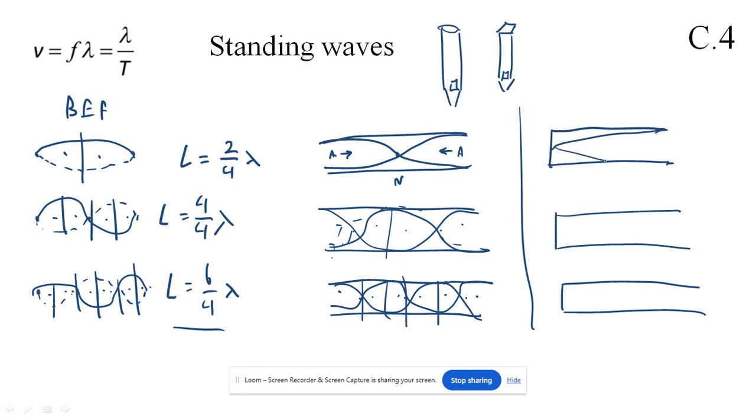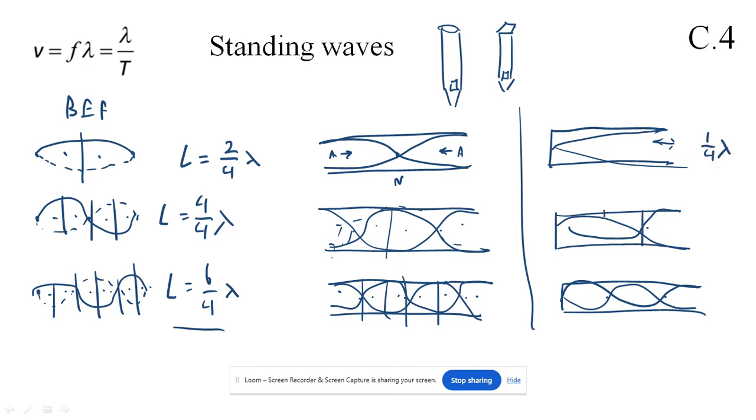So that's the fundamental. Air just literally moves in and out of the open end of this. Here it can't move because it's fixed. This one looks like the Jesus fish. And this one goes like this. In this case, L is equal to one quarter wavelength.